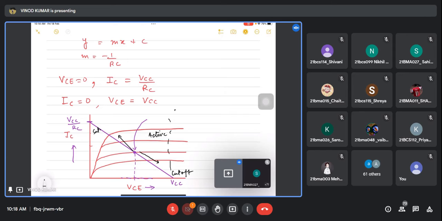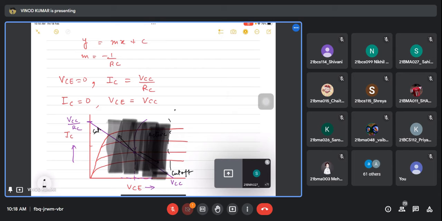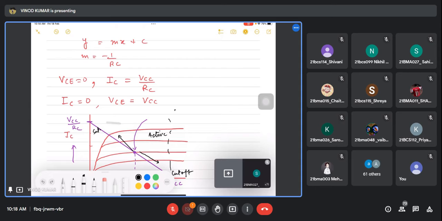So for an amplifier, we'll try to use it here actually, basically. We'll try to operate it here. Am I right? We want to operate in this region. This region.